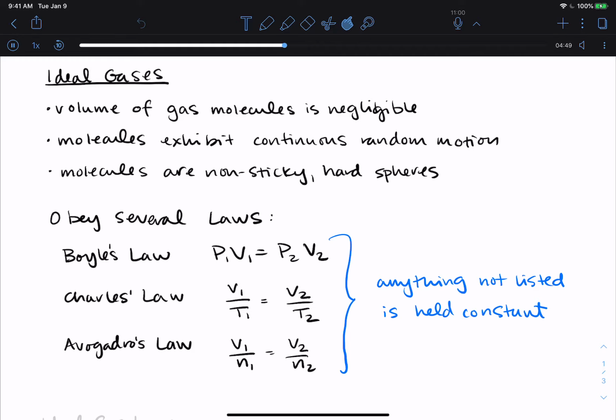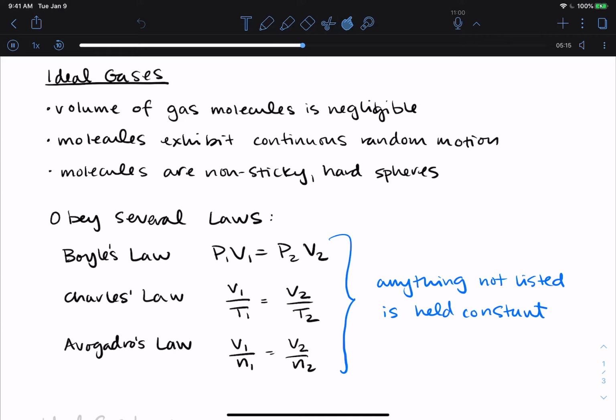This is what we mean by this. Also, don't memorize these. So these three laws are combined to give the ideal gas law. The ideal gas law is easier to memorize, and I'm not making you memorize it. But you can take the ideal gas law and use it to derive this information should you ever need it.